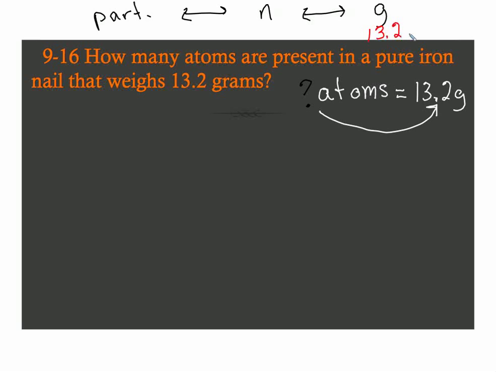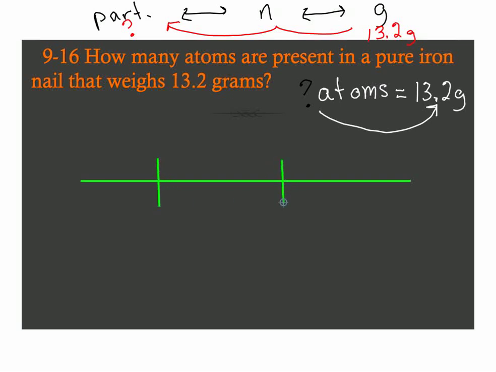Now, we are here on our map, and we want to get to here. Atoms, this is pure iron, so we can do this directly, but it's going to take 2 steps. We never bypass that heart of chemistry. We're going to do this in 2 steps. Set it up as a railroad. So we're going to have 1 step, and then we will have the 2nd step.